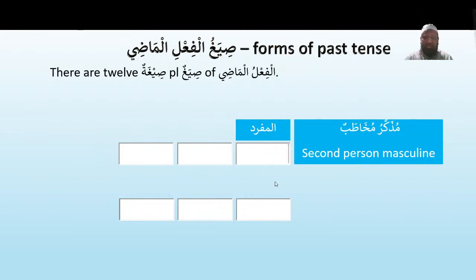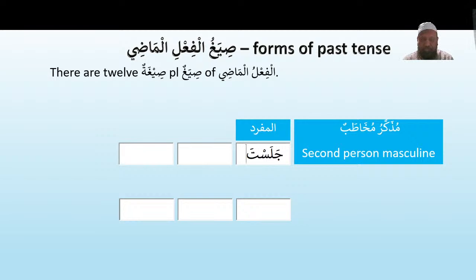And when we add ta'ul fa'il, the last letter of al-madi becomes sakin. Jalas. Okay. So the mufrad will be ta.